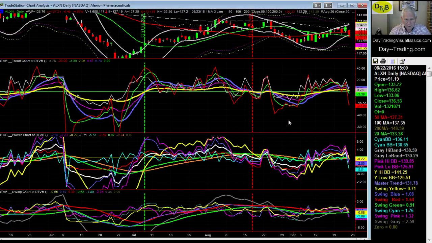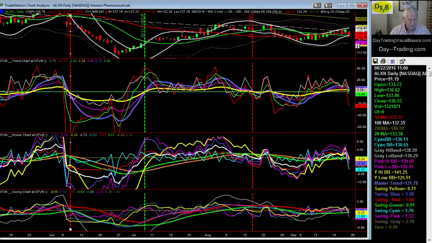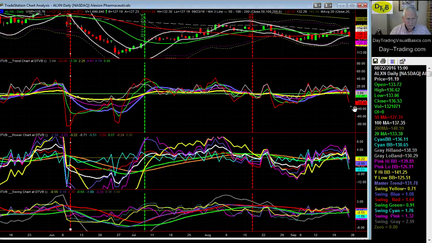If I put in another red line, this left vertical red line is the day that the 3 trend trio lines dropped below 0. And so you can see this area in here is in a downtrend. And what marks the uptrend?